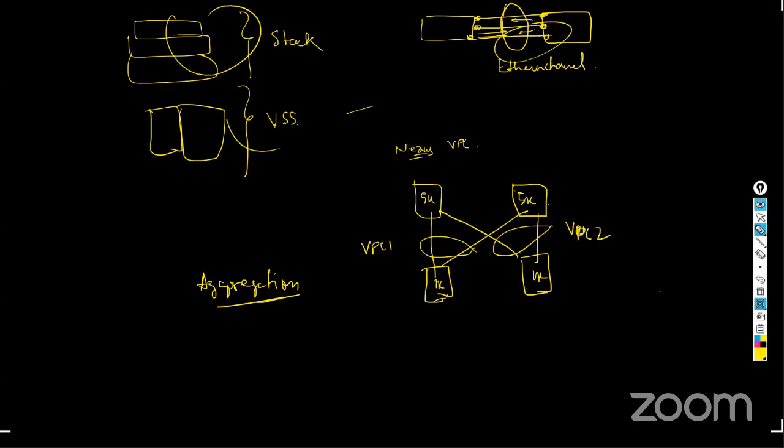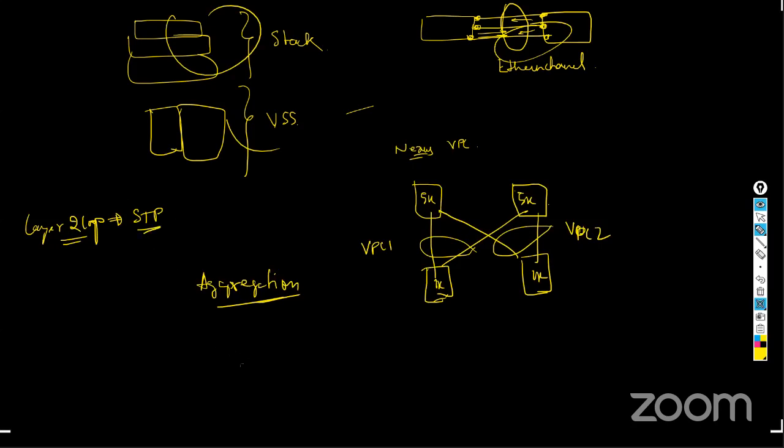There's one more reason for doing all this, that is layer 2 issues. In the case of layer 2 loops, to avoid layer 2 loops, we use a technology called spanning tree protocol.